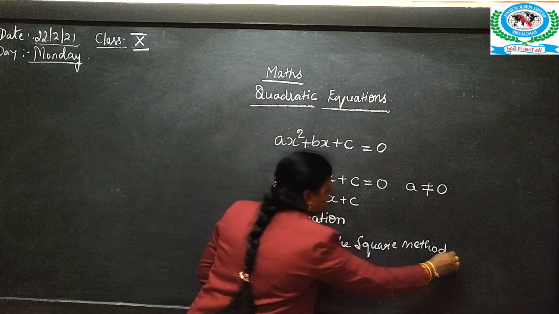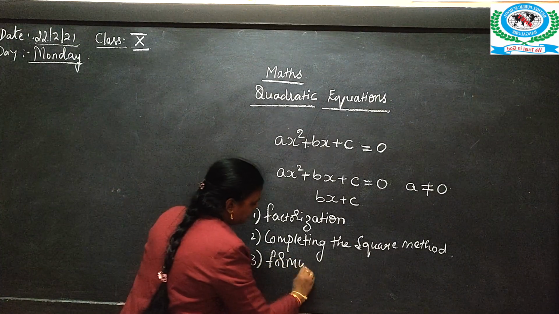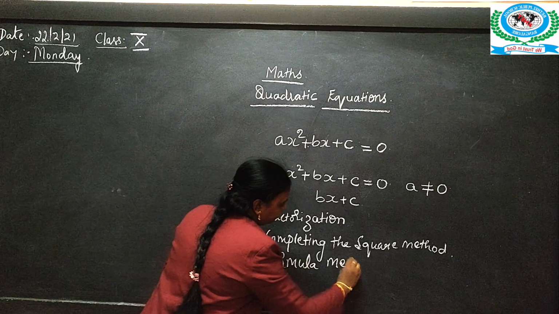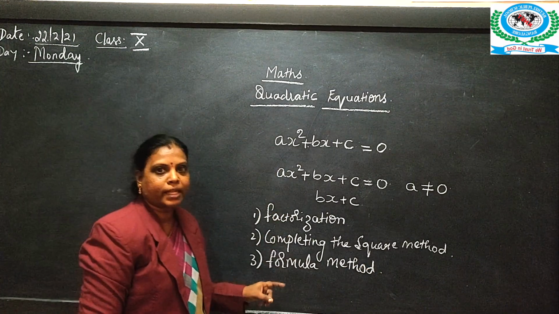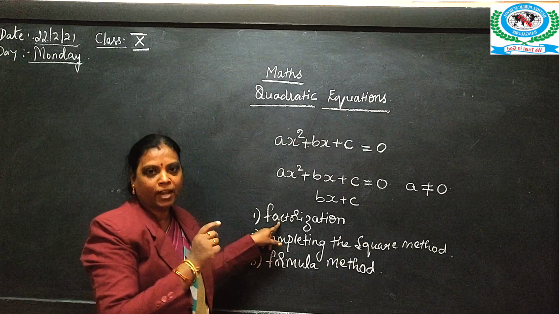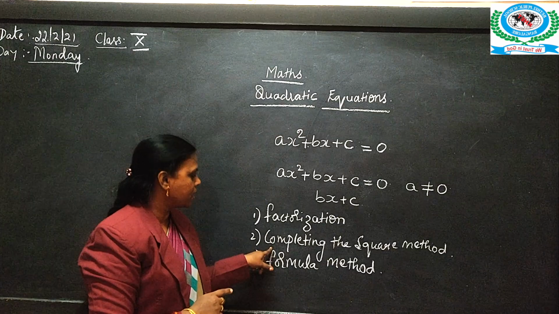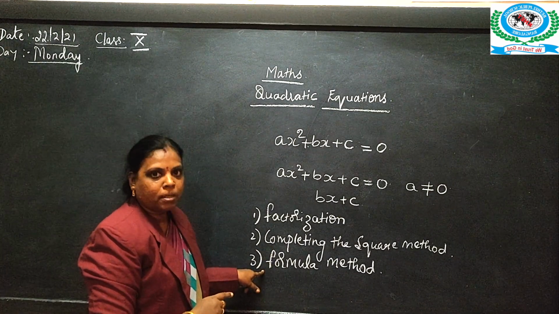And lastly, the formula method. So the first one is the factorization method, the second one is completing the square method, and the third one is the formula method.